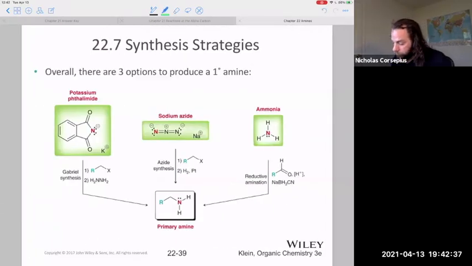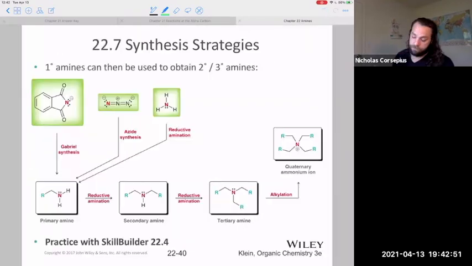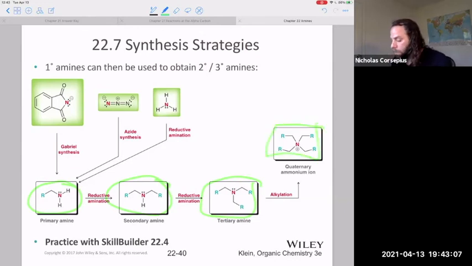So again, these are three different methods. The sodium azide, as well as the Gabriel synthesis, can be used to form primary amines. Reductive amination, you can also form a primary amine, but even more flexible, you can do reductive amination on a primary amine to form a secondary amine. If you do reductive amination on a secondary amine, you can form a tertiary amine. And then we learned about that alkylation method, which always forms the quaternary ammonium ion.